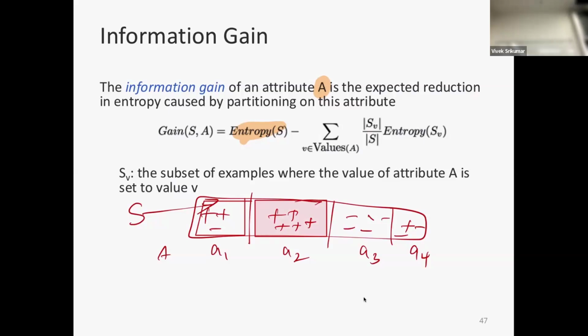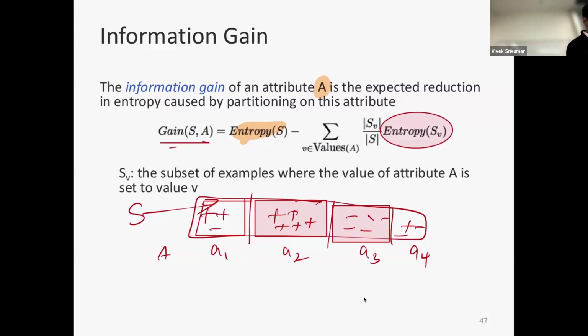What's the entropy of that data? It's 0, because there's no uncertainty in the label in that subset. Similarly, when you split according to A3, everything's a minus, so there's no uncertainty there either. And then you have A1 and A4, which have some non-zero entropy. So that is this bit here, the entropy of the subset.